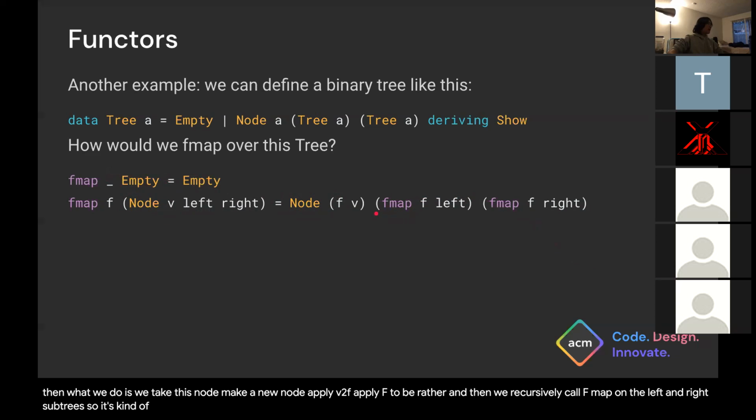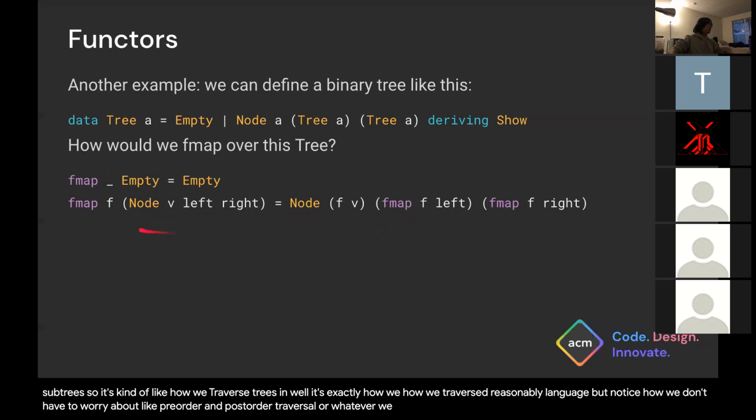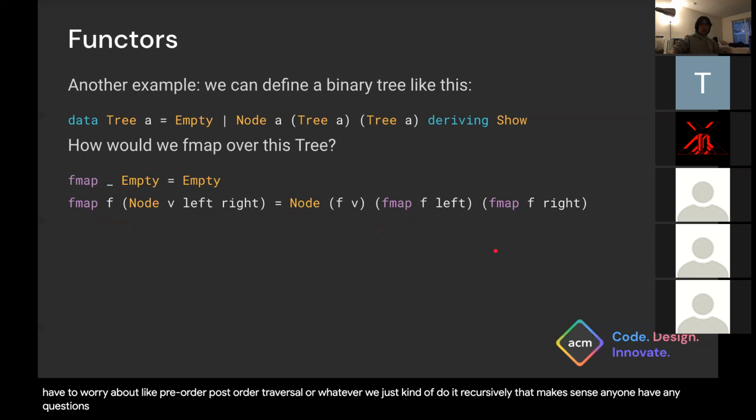It's kind of like, well, it's exactly how we traverse trees in other languages, but notice how we don't have to worry about pre-order, post-order traversal, or whatever. We just do it recursively, if that makes sense. Anyone have any questions about this?